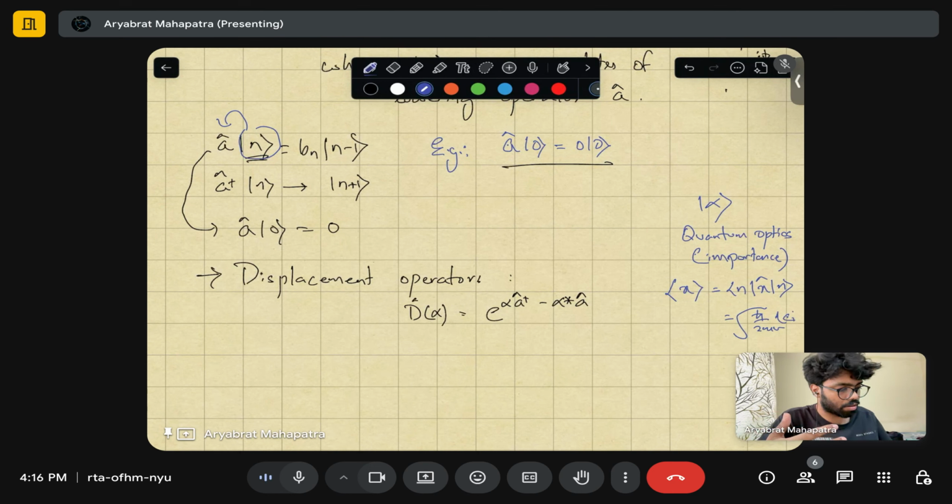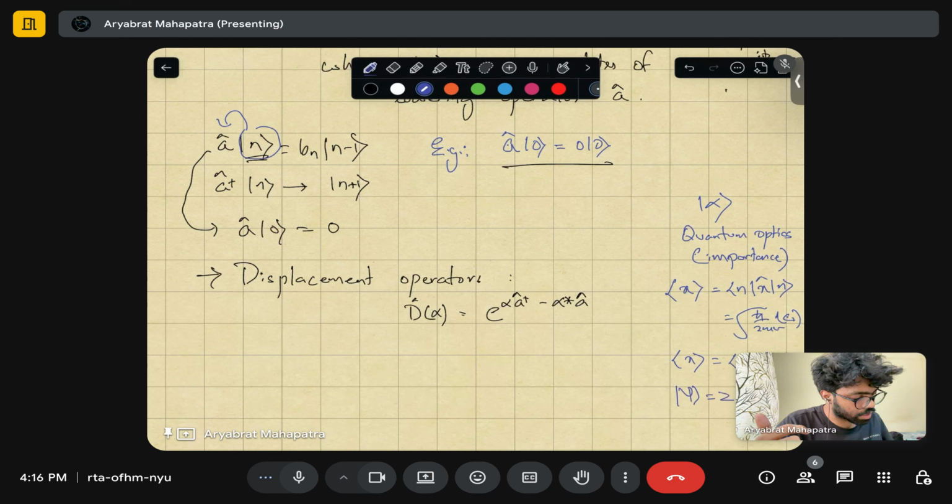You take any other state to be some psi, where this psi is some linear combination, let's say 1 by root 2 of the 0 plus 1 states.